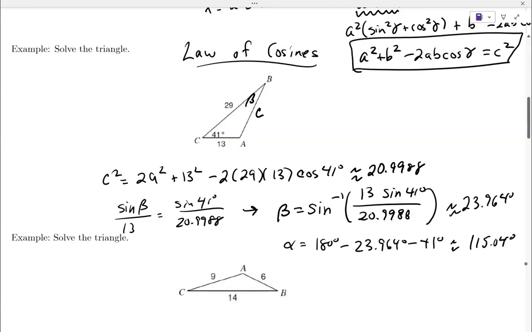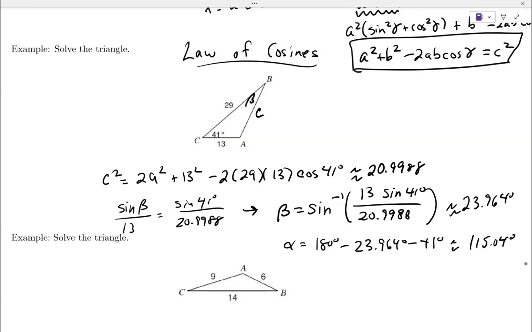And notice it is obtuse, right? If you did the law of sines and didn't pay attention, you would have found alpha first, and you would have gotten the acute angle, the supplement. You would have got 64.96, which is not the right answer.